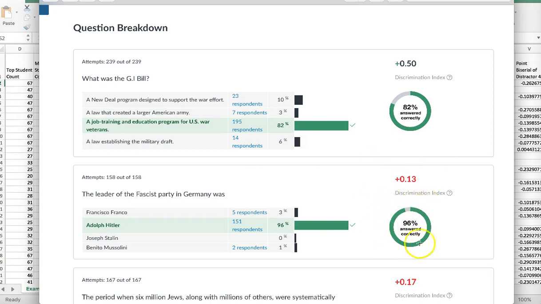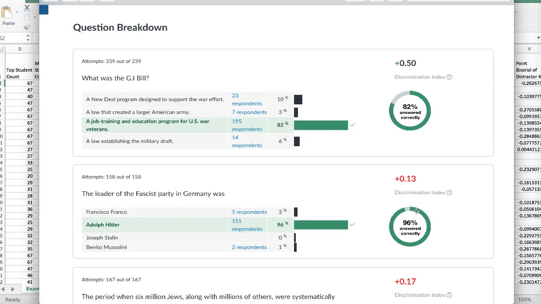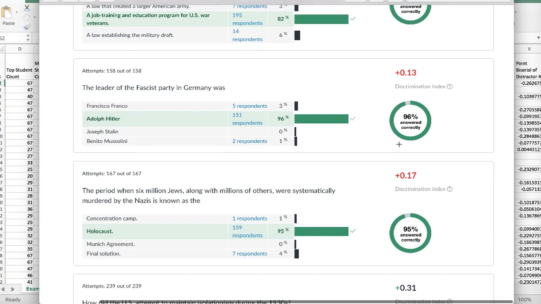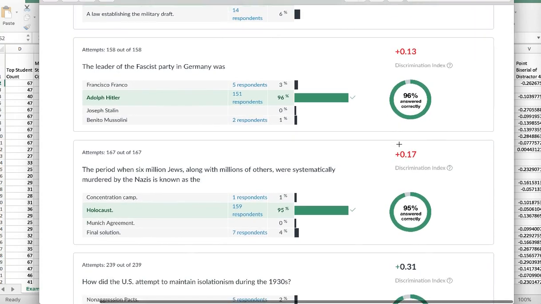Now again, if you have a really high number of students who answer this correctly, your discrimination index is going to be lower because it's not discriminating between those who understand and those who do not understand, because a large proportion of students who do not do well in the overall exam are getting it correct. That may be okay, but you're not going to get a good discrimination index. So it's up to you to determine whether or not the question is good or not.